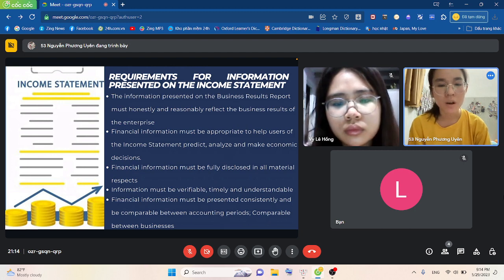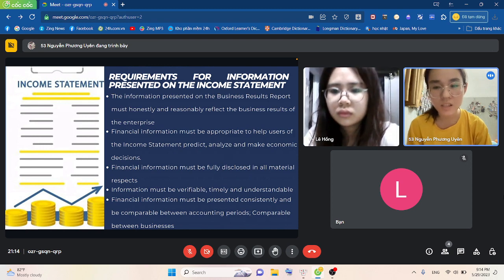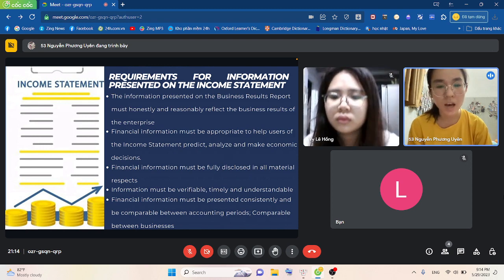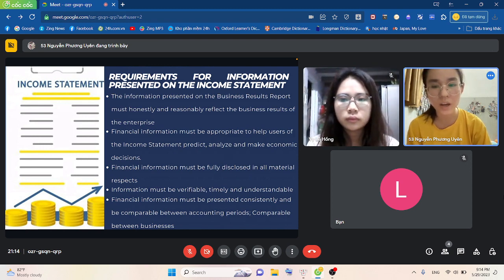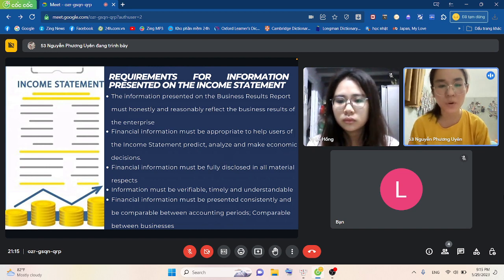Financial information must be presented consistently and be comparable between accounting periods and comparable between businesses.